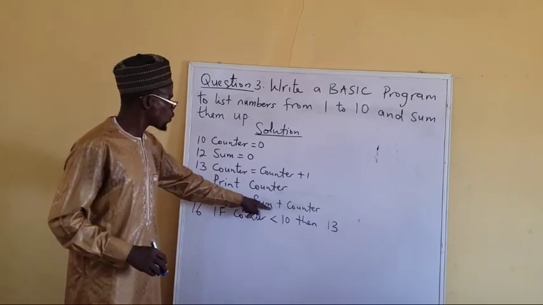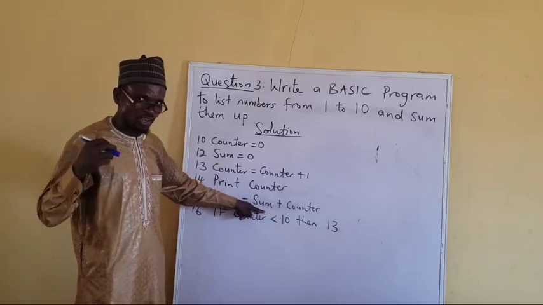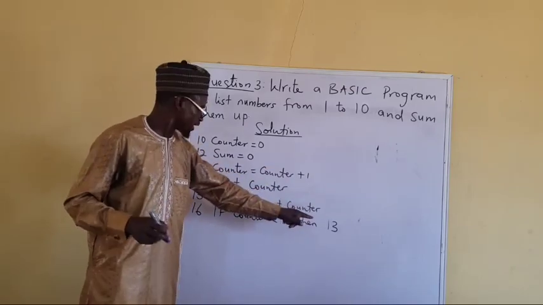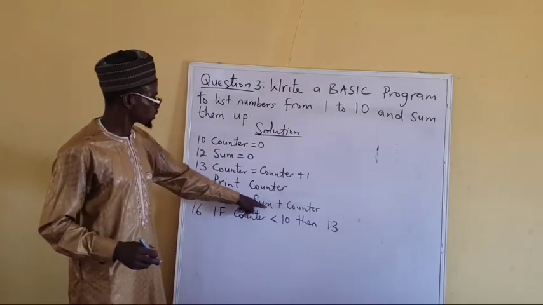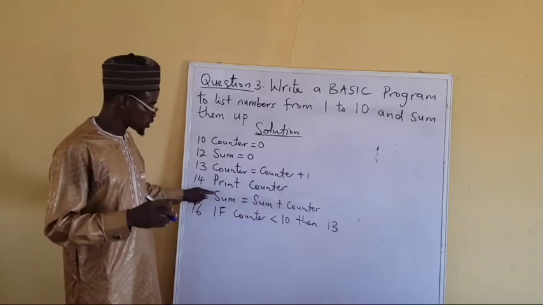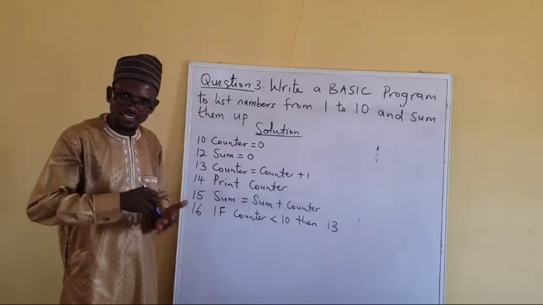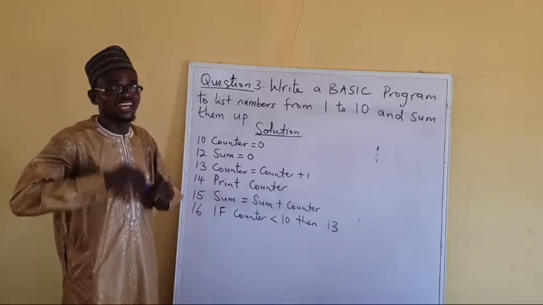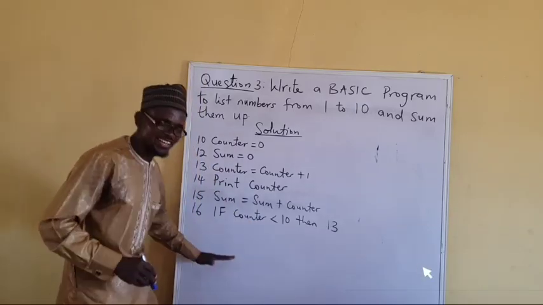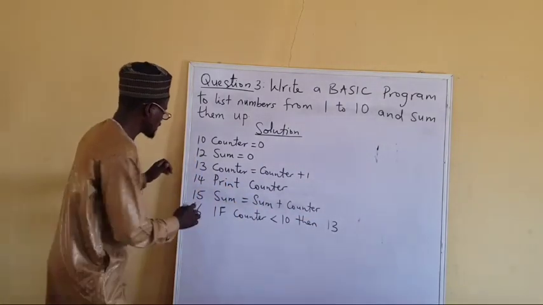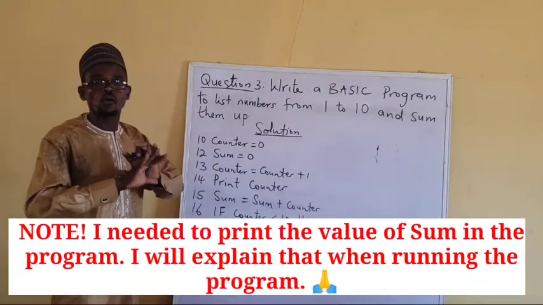Sum is equal to whatever the last value of sum is, plus counter, which is 10. 10 plus whatever we have here will be stored in sum. Now, if counter is less than 10, because at that level counter is not less than 10, then the next statement will be executed. What is the next statement? It's just to stop our program.